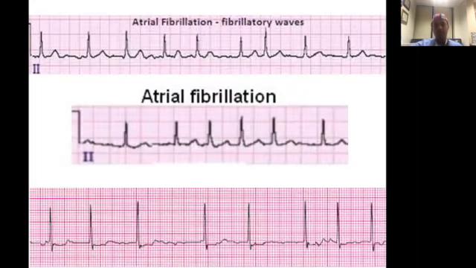Here are some more examples of atrial fibrillation. You don't have really clear P waves, you just see squiggly lines. And because the signal that you get from the atrium is irregular, some of the electrical activity gets passed to the ventricle, and then the ventricle beats in an irregular fashion. So that's a classic finding of atrial fibrillation.